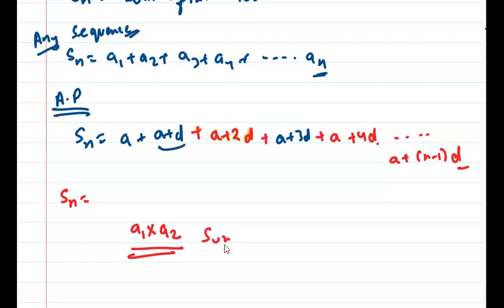A1 into A2, is it sum? No, right? So I hope all of you got your answer that no, it is not A1 into A2 into A3 because this is not sum. Now my voice is audible.